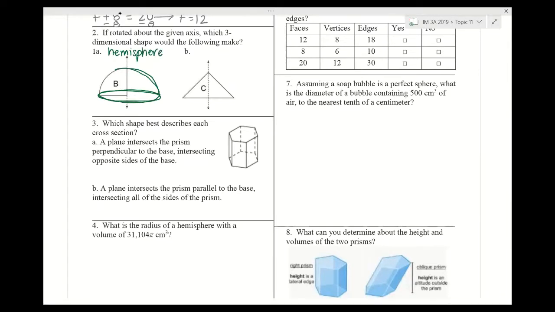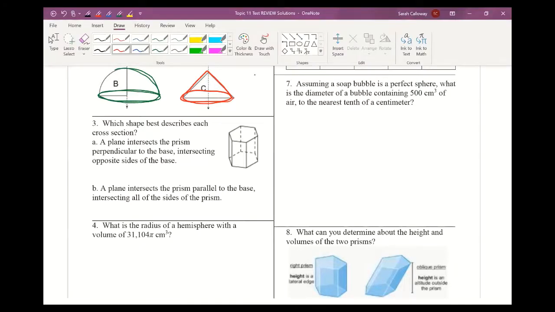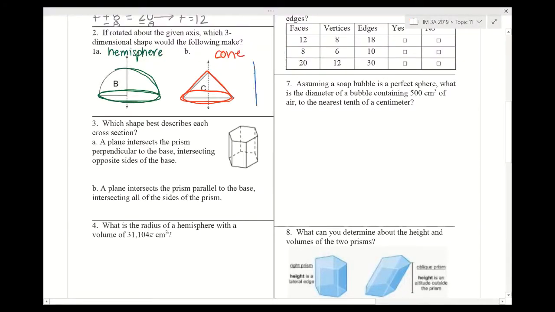If I have a triangular shape spinning around an axis, it becomes a cone. If I have a rectangle and spin it around, that creates a cylinder.